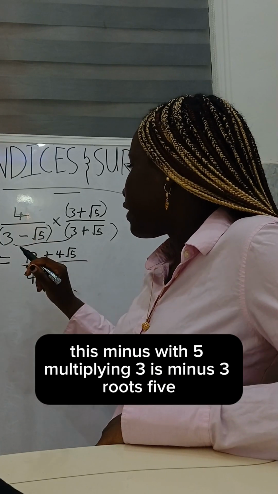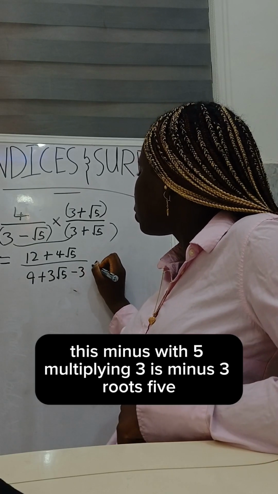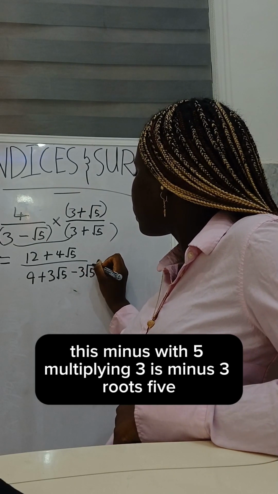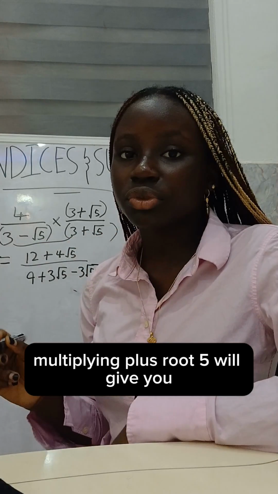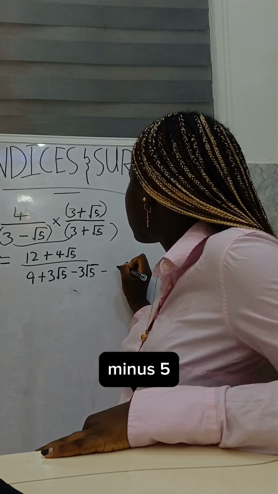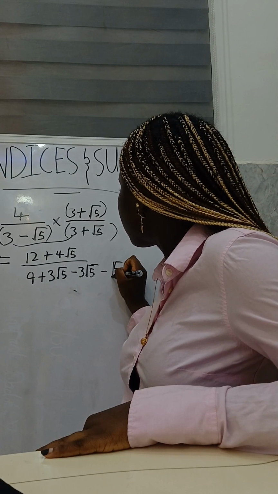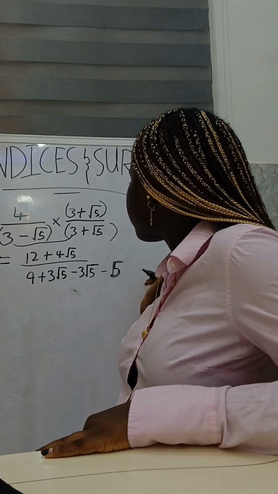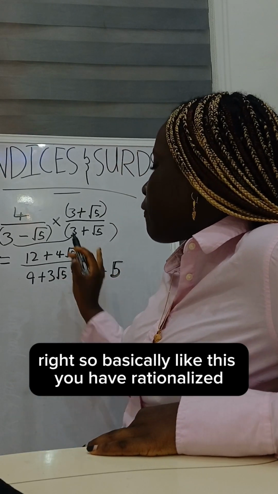This minus root 5 multiplying 3 is minus 3 root 5. And this minus root 5 multiplying plus root 5 will give you minus 5. Right? So basically, like this, you have rationalized.